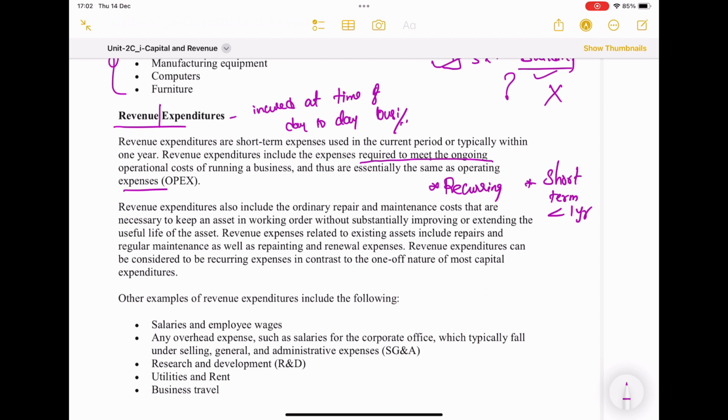Then it is also a support to the source of income. Next, they have given a few examples of revenue expenditures: salaries and wages, any overheads, office expenses, even depreciation, research and development cost, rent, business travel, that is transportation allowances. These kinds of things are considered as revenue expenditure.